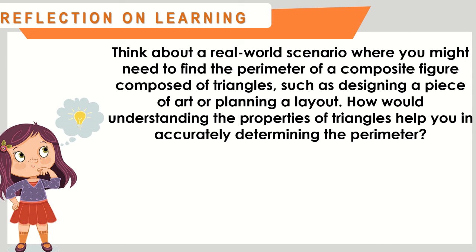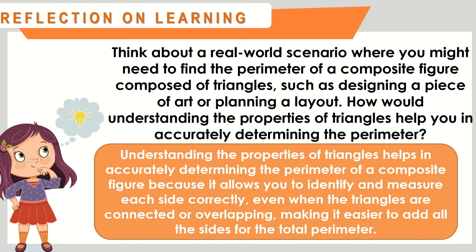For your reflection on learning, think about a real-world scenario where you might need to find the perimeter of a composite figure composed of triangles, such as designing a piece of art or planning a layout. How would understanding the properties of triangles help you in accurately determining the perimeter?